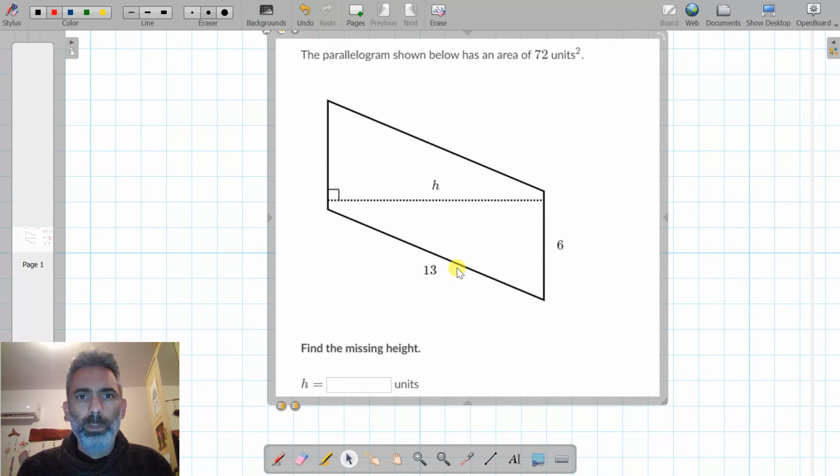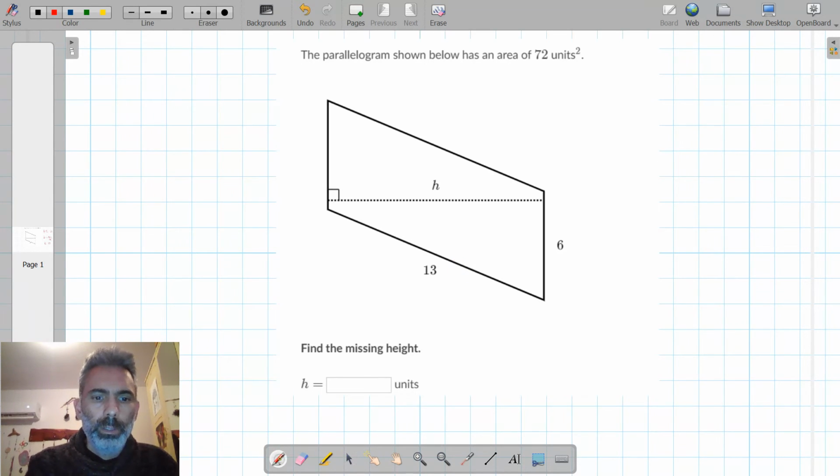Okay, the parallelogram shown below has an area of 72 units. Okay, so we see that the base equals 6. This is the base.